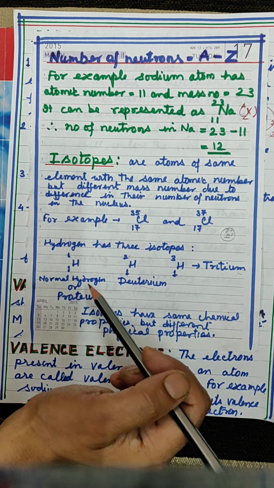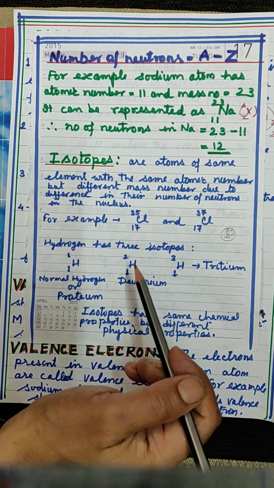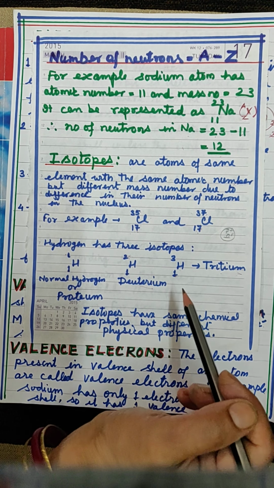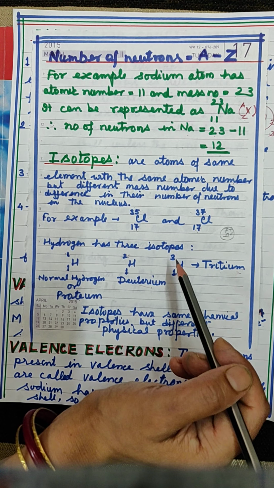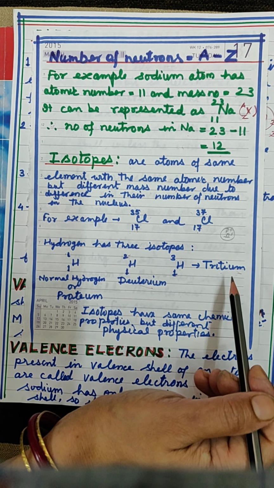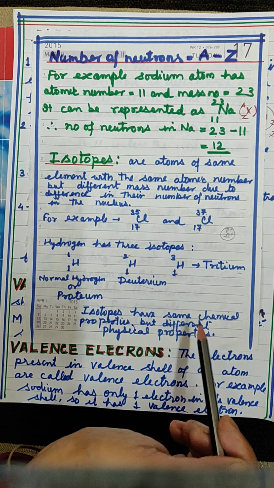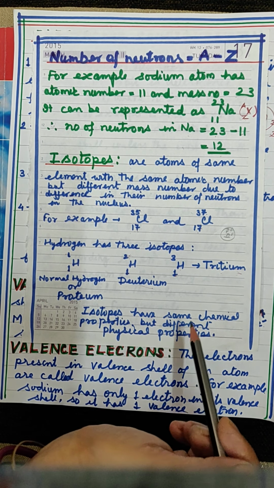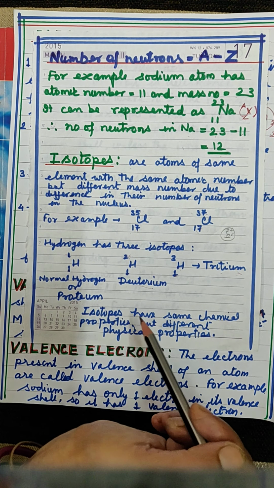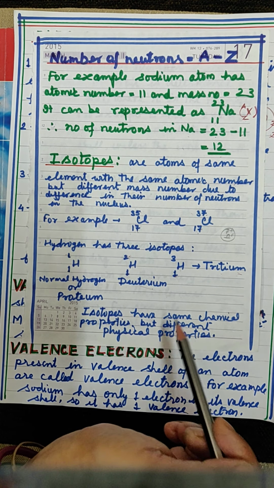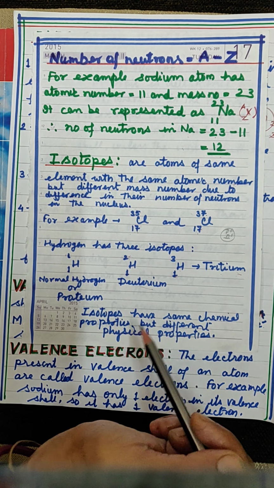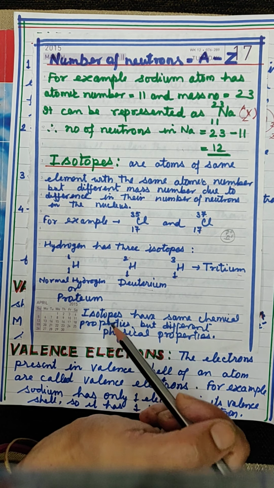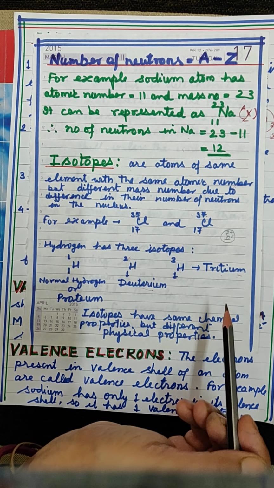The normal hydrogen is also called protium, whereas 1H2, the isotope of hydrogen with mass number 2, is called deuterium, and the isotope of hydrogen with mass number 3 is called tritium. Isotopes have the same number of protons in the nucleus and the same number of electrons in the orbits, therefore they have the same chemical properties, but due to a different number of neutrons and different mass, they have different physical properties, because physical properties depend on the mass of a substance.